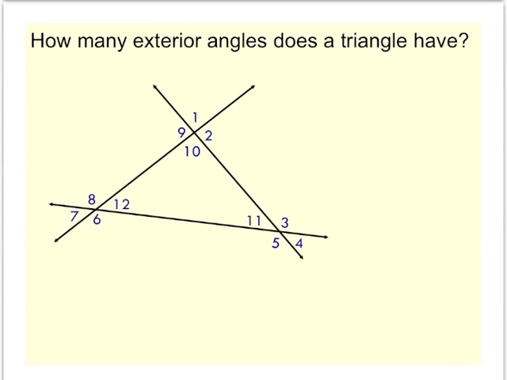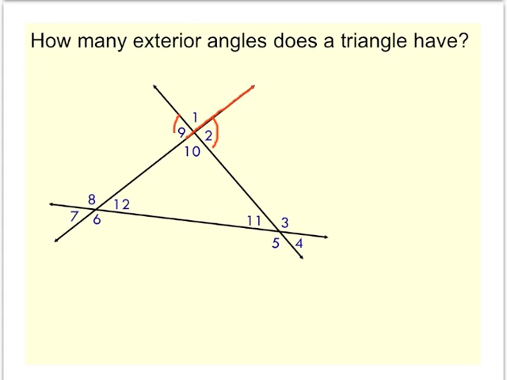Quick question, how many exterior angles does a triangle have? I've listed out 12 of these angles, but not all of them are exterior angles. We define an exterior angle as one that's made by extending one side of a triangle. In other words, angle 2 is an exterior angle because we just extended this one side.